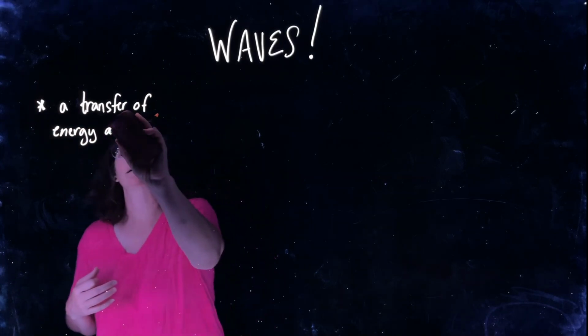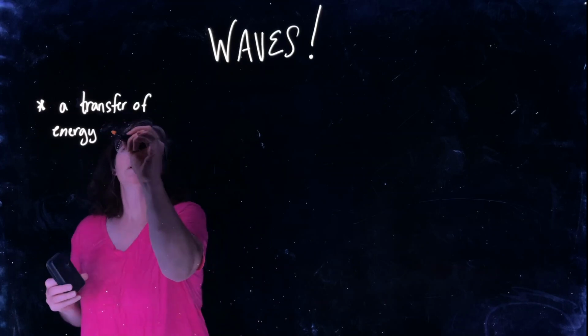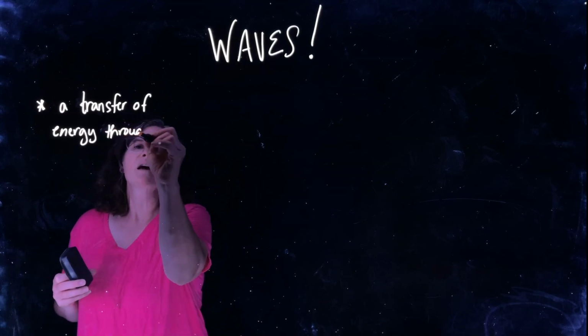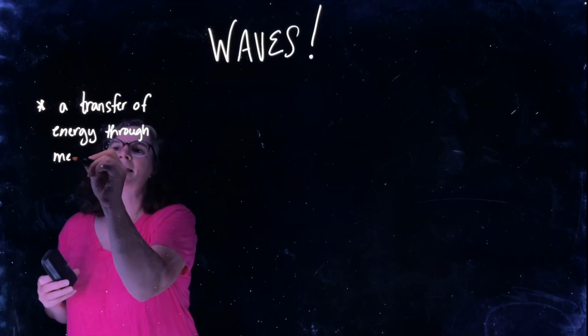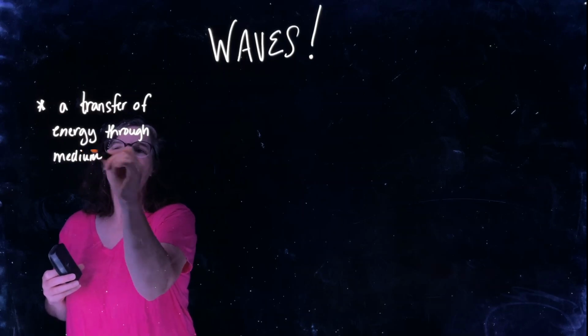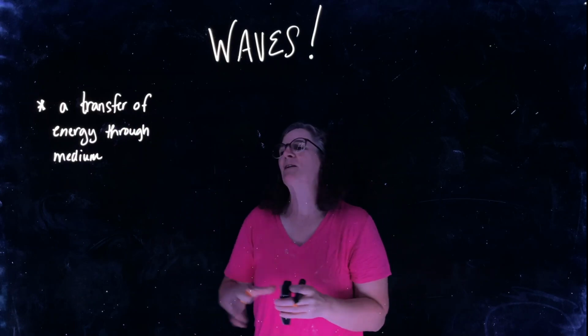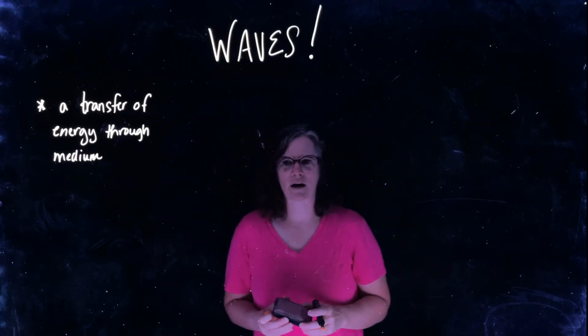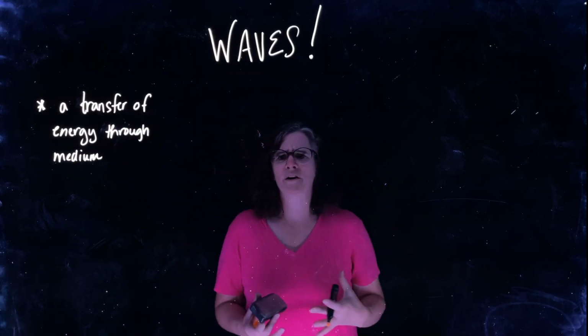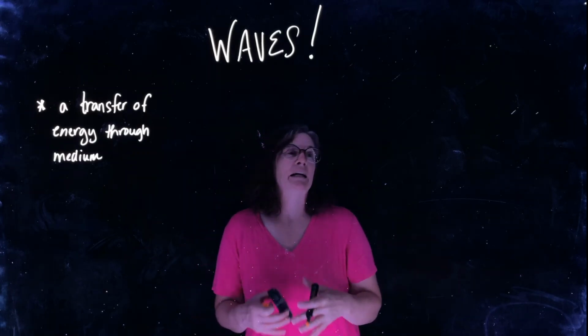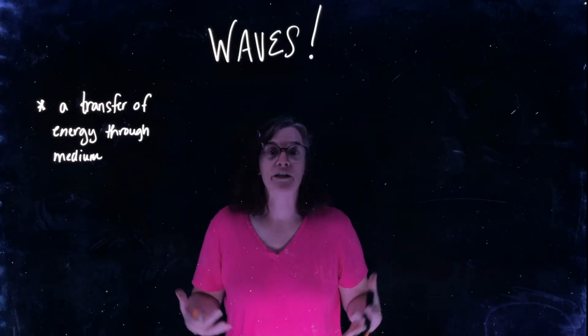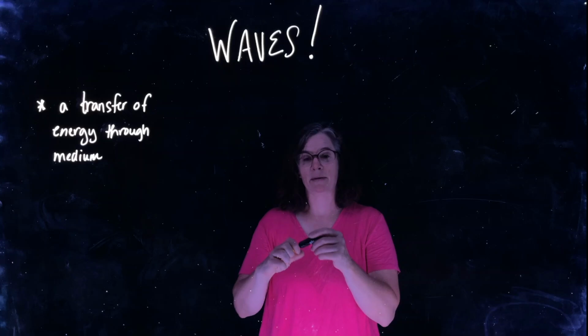A medium is just like we use it in the art world: different materials that artists work with, we call mediums. So different materials that waves travel through: air, water, a string, a material. Okay, so that's what we mean by medium.